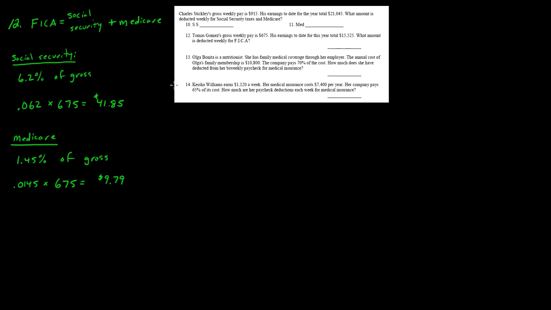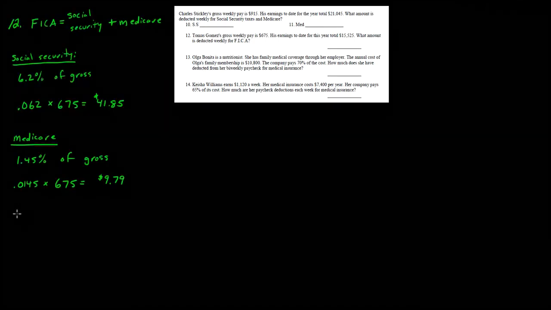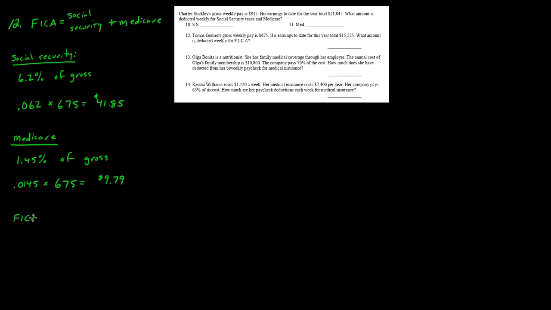All right, so now FICA is the total of those two. So FICA is going to be 41.85 plus 9.79 for a grand total of 51.64.